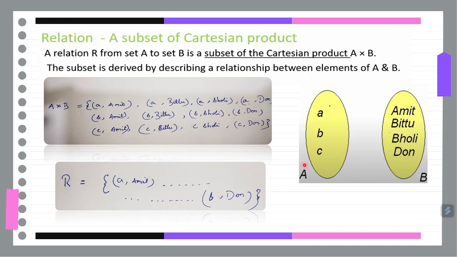The c one is not included because we excluded it. So this is a relation from A to B where all the names are paired with a and b only, not c.